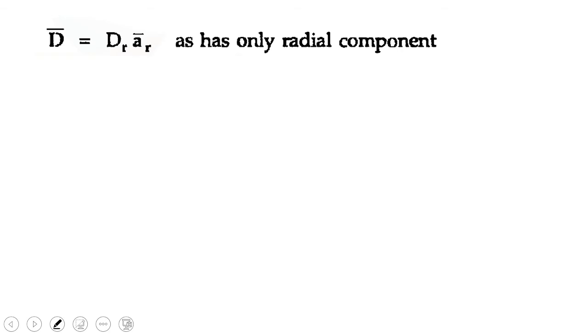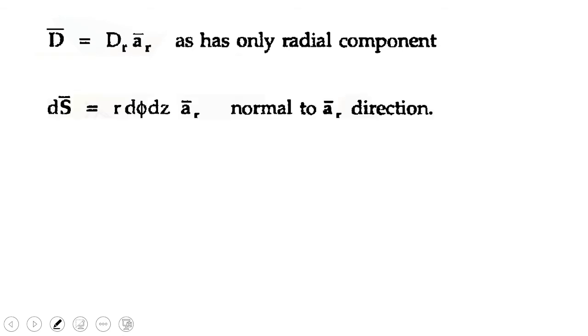D is only the radial component, as we discussed with the help of the diagram. D is equal to D_r a_r. dS is also along the radial component, normal to it. So the differential surface along the a_r vector will be r d phi dz.